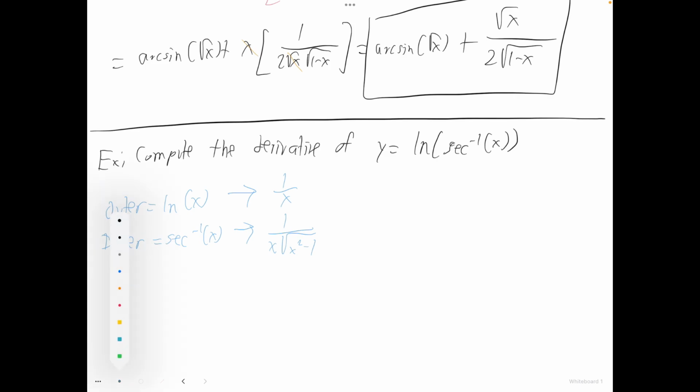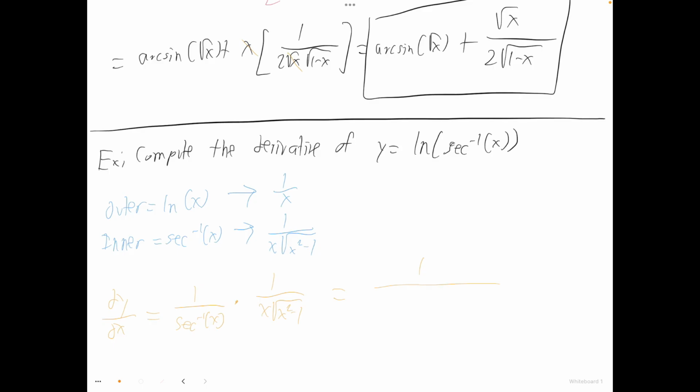So then we have that dy over dx equals the derivative of the outer function, which is 1 over x, but we have 1 over the inside function because we're using the chain rule. So 1 over secant inverse of x times the derivative of secant inverse of x, which is 1 over x square root of x squared minus 1.